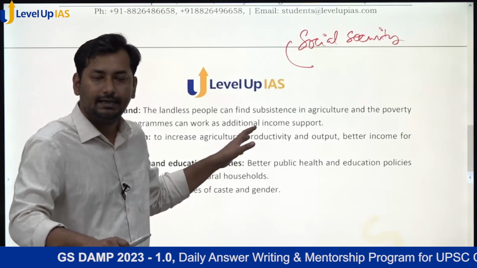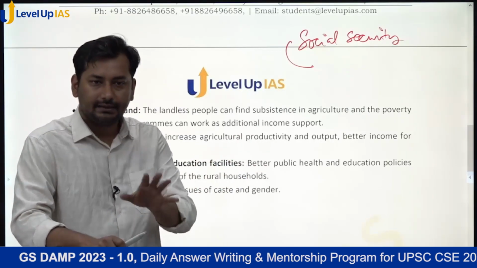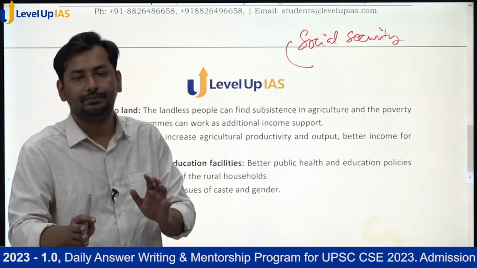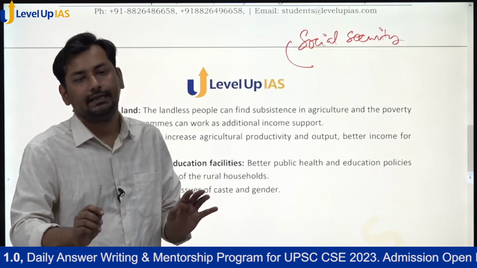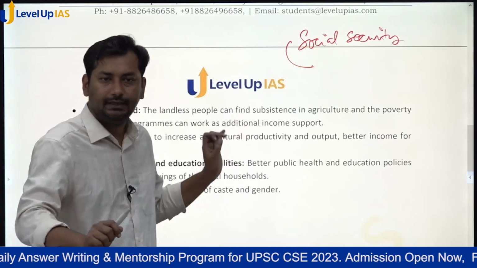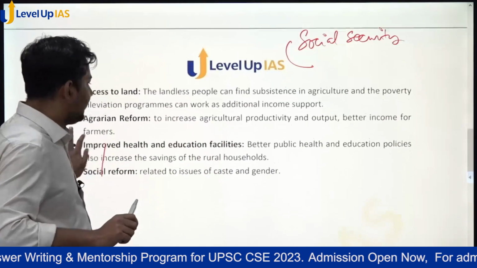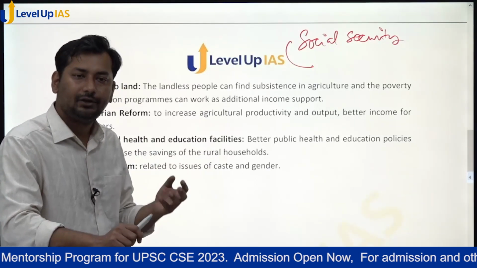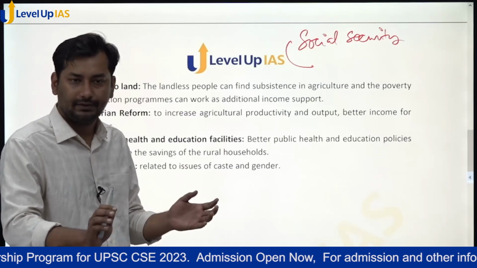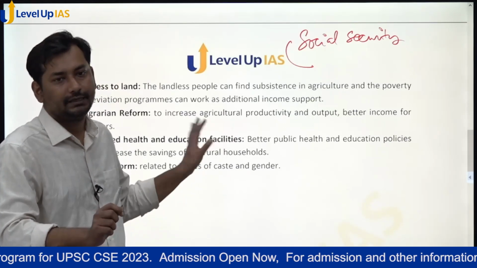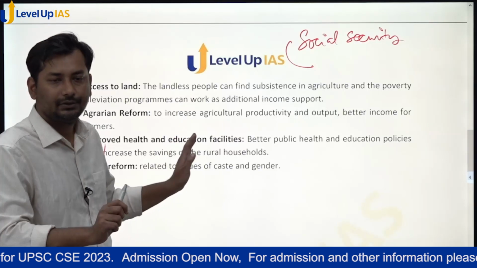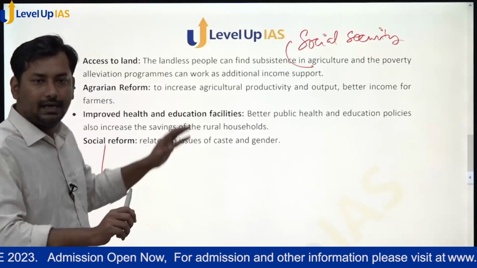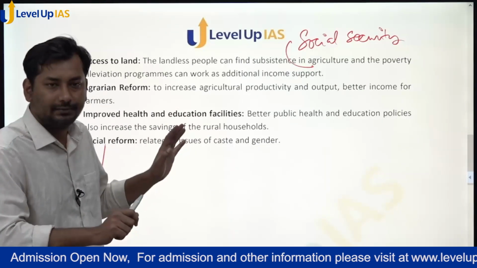Access to land will tackle their subsistence needs and the poverty alleviation programs will help them get additional income. Then agrarian reforms, as our agricultural productivity is very low. Agrarian reform will also help because a large part of our workforce is working in the agricultural sector, so it should also be part of reform along with poverty alleviation programs.